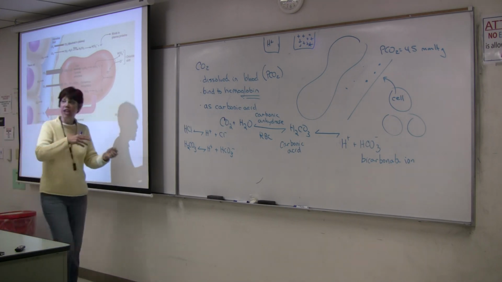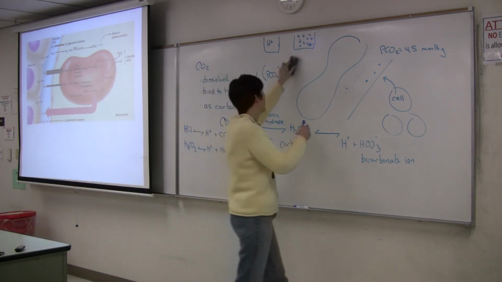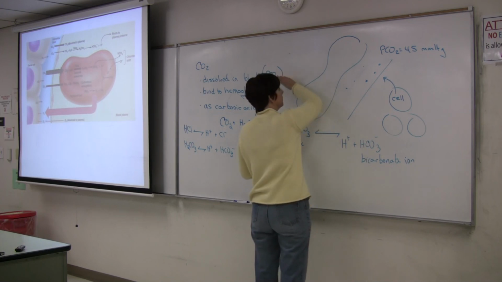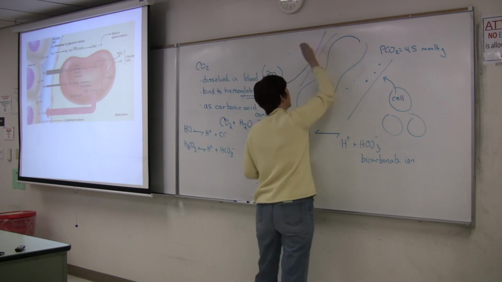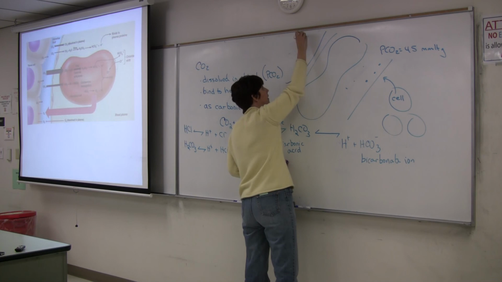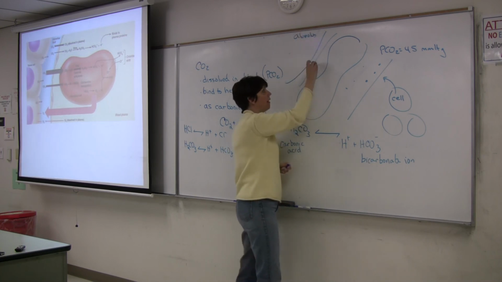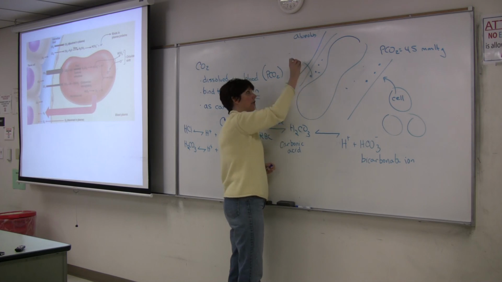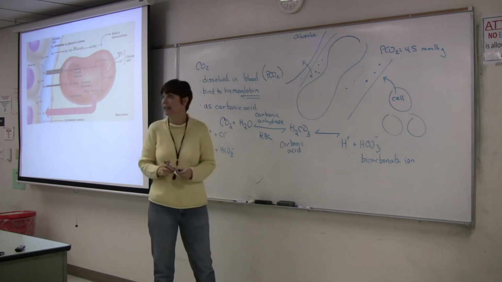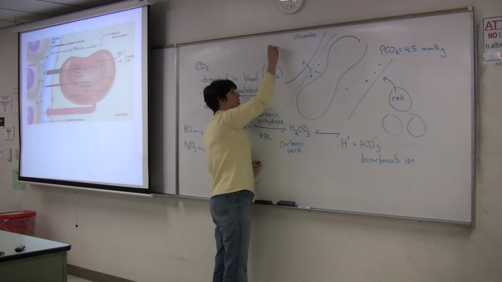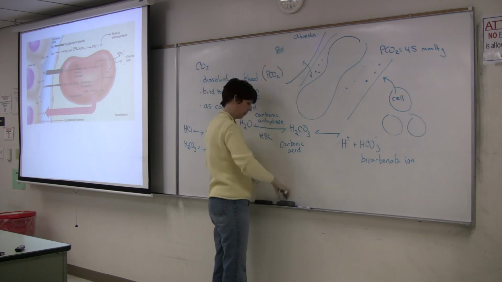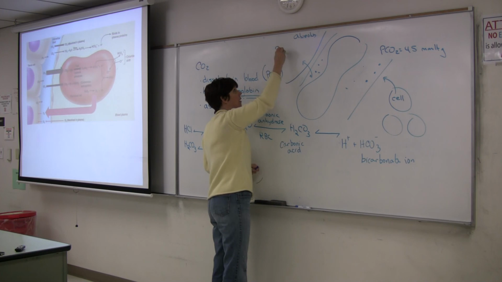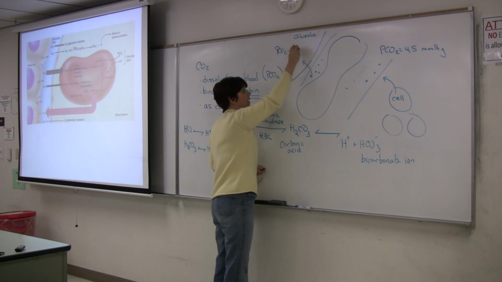Now, when the plasma gets back to the lungs, and here's our alveolus, the dissolved carbon dioxide that is in the plasma is going to shift to the alveoli because the alveolar PCO2 is only 40.